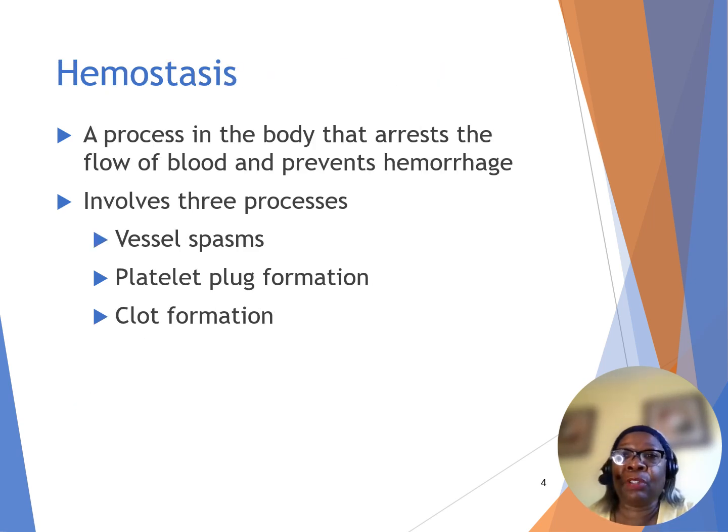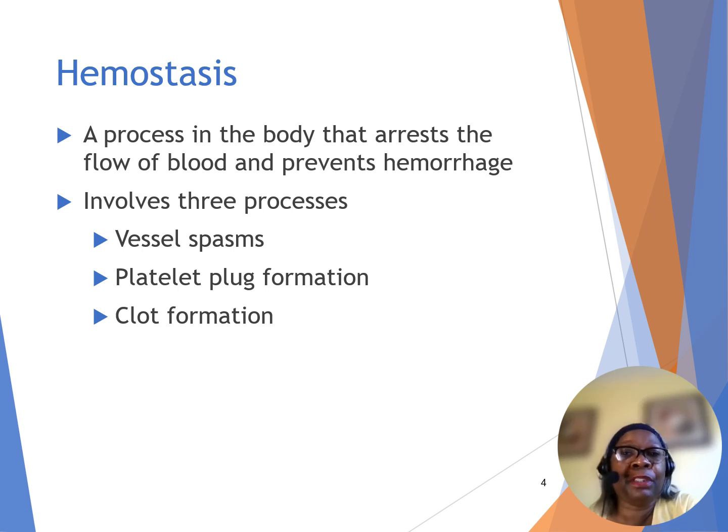Now let's talk about hemostasis. Now, not homeostasis, but hemostasis. What is hemostasis and how does it occur? Well, hemostasis is a protective measure within the body to keep us from hemorrhaging. All right. So let's look at the process here. The process involves vessel spasms, platelet plug formation, and clot formation.